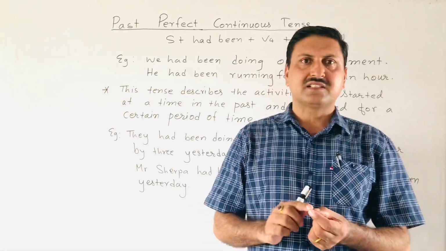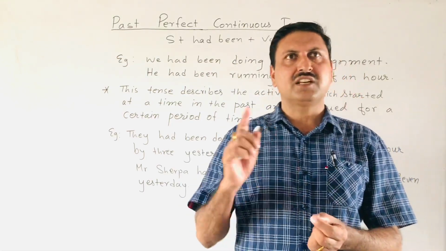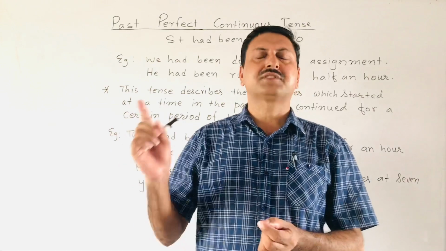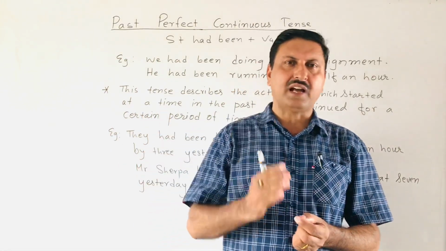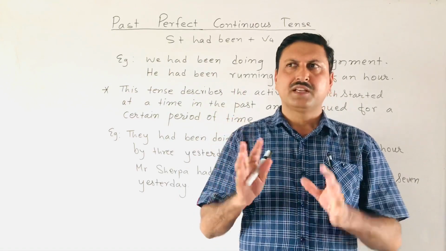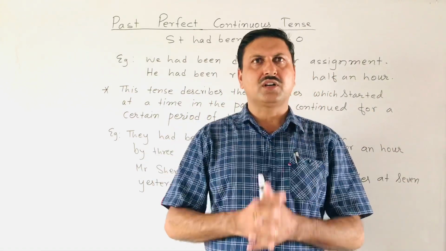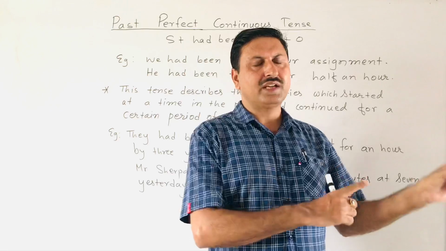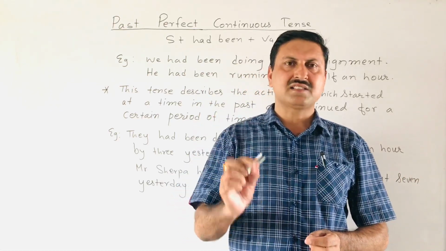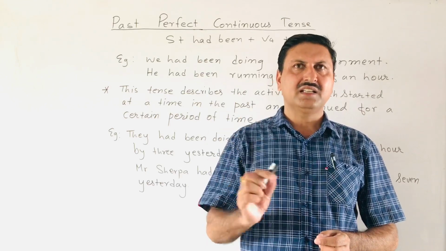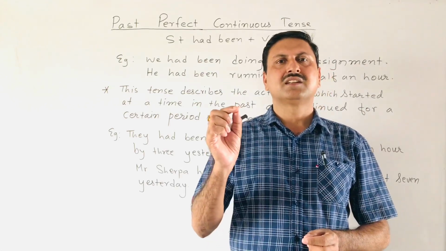Suppose that action continued up to 10 o'clock or even after that. If we speak at around 10 o'clock, what had you been doing at that time? The person replies that he had been doing something.